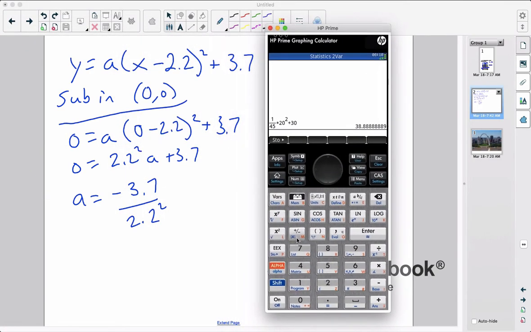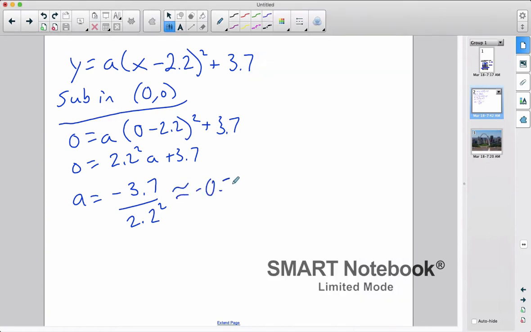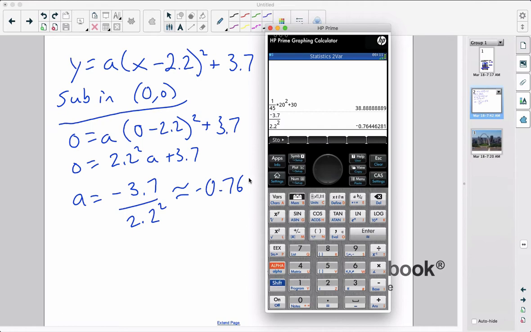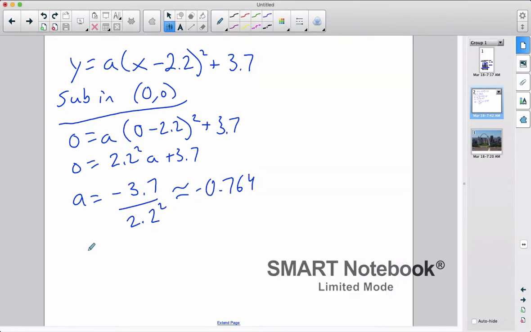And we have negative 3.7 divided by 2.2 squared equals negative 0.764. So our model is y equals negative 0.764 times (x minus 2.2) squared plus 3.7.